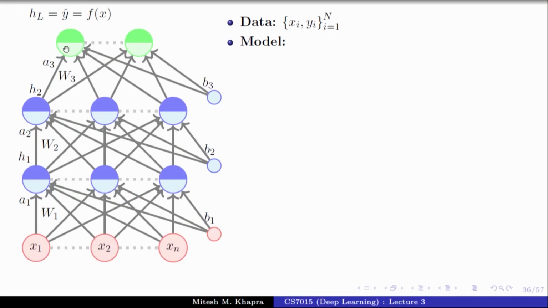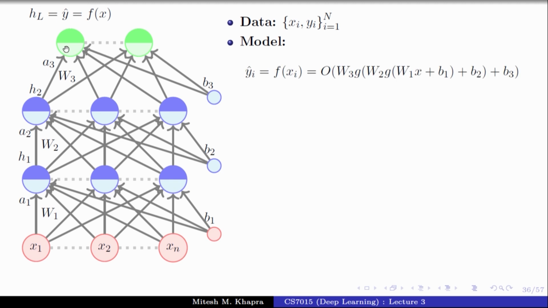So your input has 900 pixels and your output has 4 classes. And in between you have certain number of hidden layers, right? So your x and y is clear. X is raw pixels, 900 pixels. So x is 900 dimensional and y is 4 dimensional, okay? Now what's the model? And this is the model which I have chosen. So what's the model? And that's exactly the equation I was asking you.